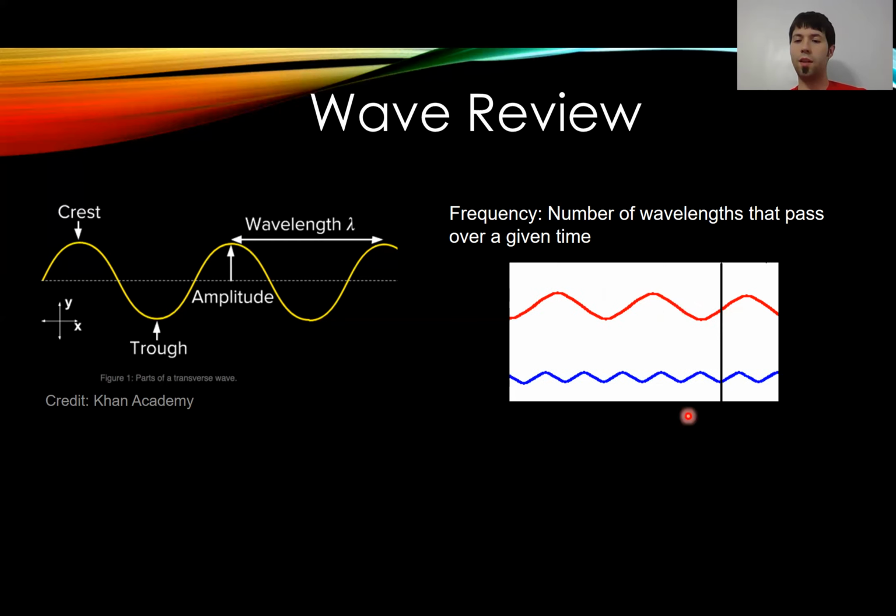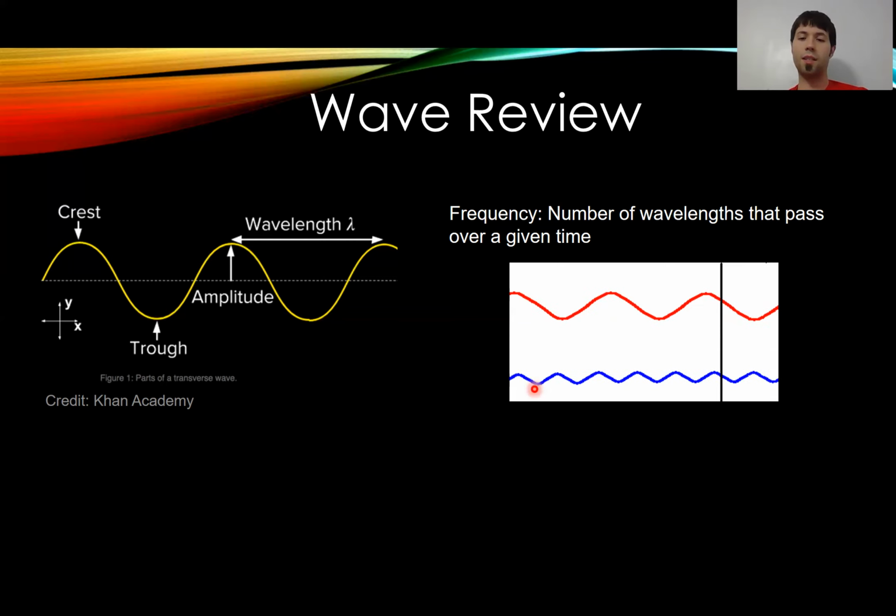The blue wave down here has a shorter wavelength, but it has a greater frequency because there are more wavelengths passing per unit time. So frequency and wavelength are inversely related. The bigger the wavelength, the smaller the frequency, and the shorter the wavelength, the larger the frequency.